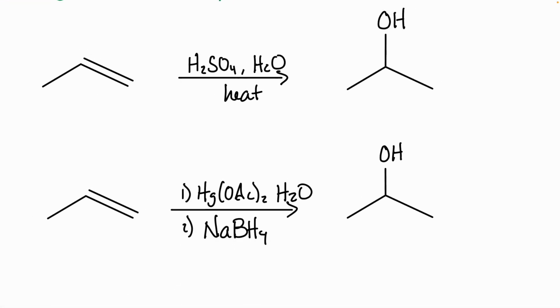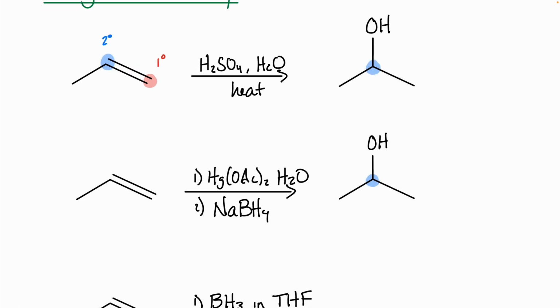So just like we did before, I went through and I said, all right, this one is a secondary carbon, and this one is a primary carbon. Well, in these 2 reactions, it's that more substituted carbon that is favored. So OH on the more substituted carbon.